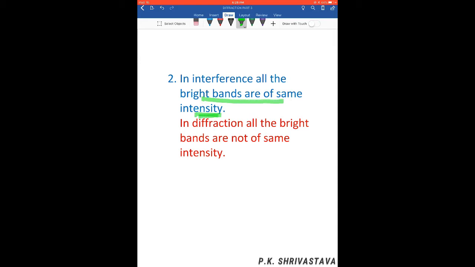There is no difference between intensity of the bright bands, but in diffraction pattern all the bright bands are not of the same intensity. The intensity of central maxima is largest, and that of first secondary maxima, second secondary maxima, third secondary maxima goes on decreasing. So in diffraction the bright bands are not of the same intensity.